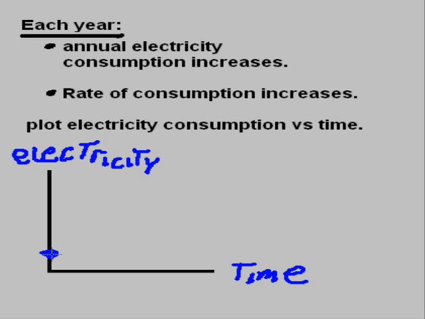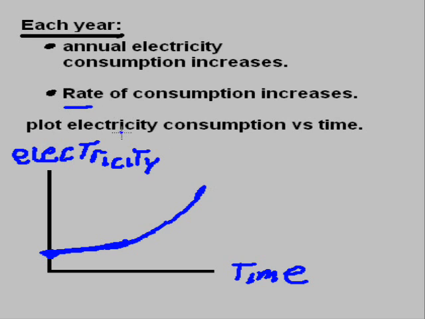And so it increases. It increases just a little bit there, but the next year it increases more. The rate of increase is more, and then the rate of increase is more, and more, and it grows every year. And the rate increases also.